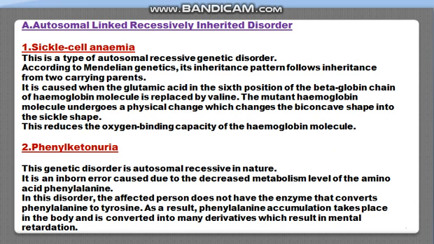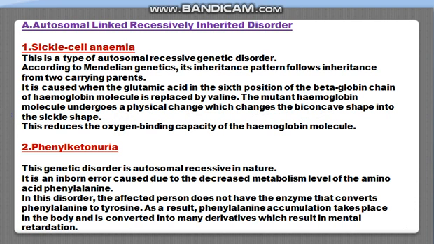And the mutant hemoglobin, in which the glutamic acid is replaced by valine, undergoes a physical change which changes the biconcave shape of the RBCs into a sickle shape.